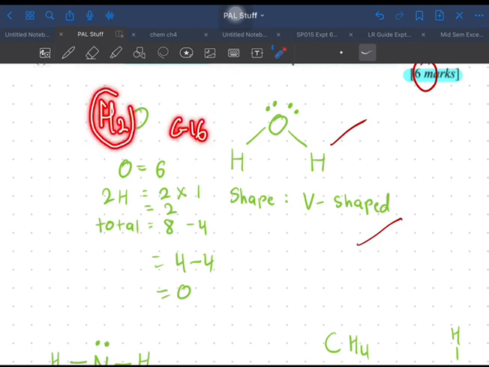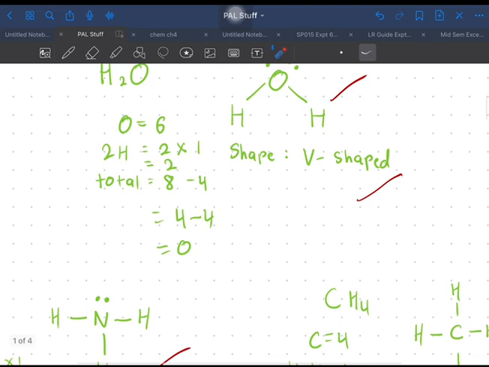But if you look properly, hydrogen has 2 atoms here, H2. So we just put 2H equals 2 atoms times 1 valence electron. Hence we get 2. And we add both of these together, 6 plus 2, we have 8.